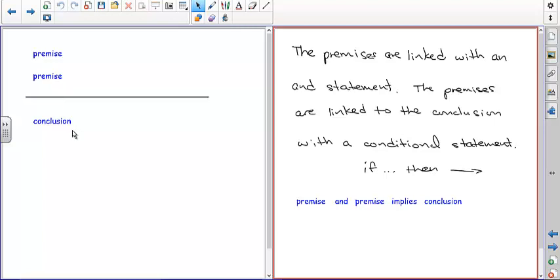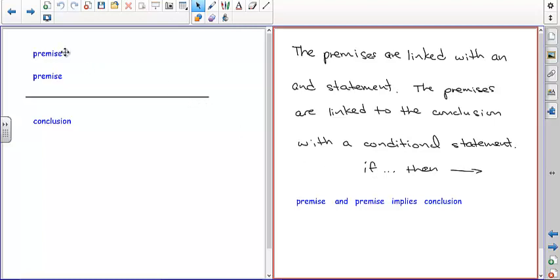Then you have the conclusion. The conclusion would be he gets an A, which is also a statement. You'll connect these premises and the conclusion by an if-then, the conditional statement. Again, it may not say if-then. It may say therefore, something like that.